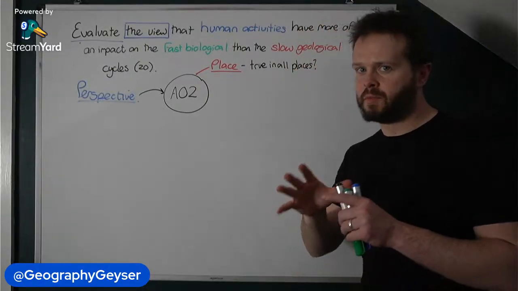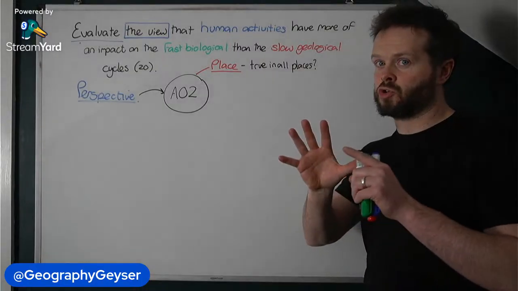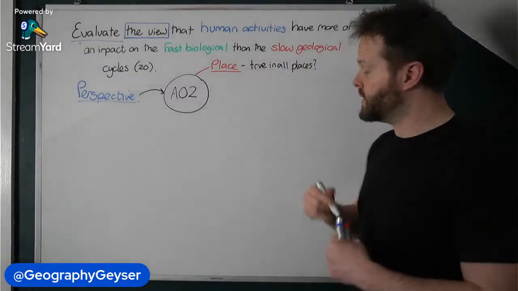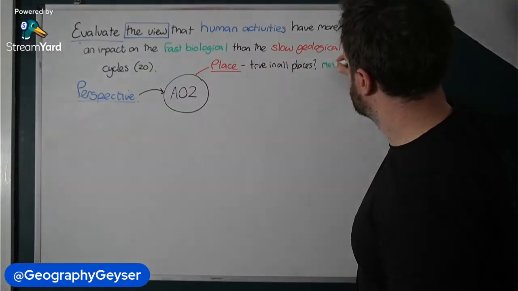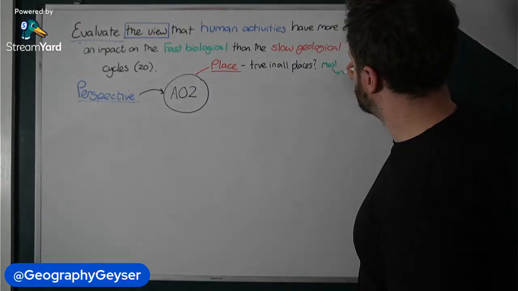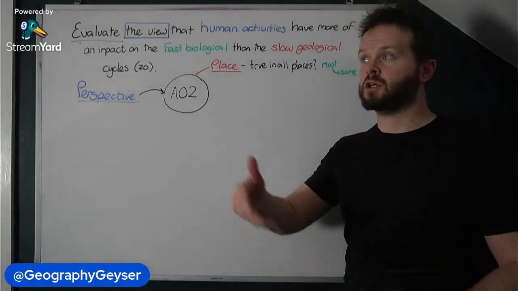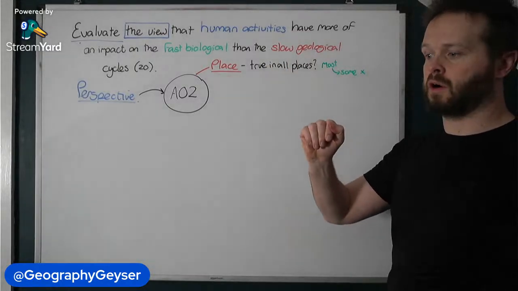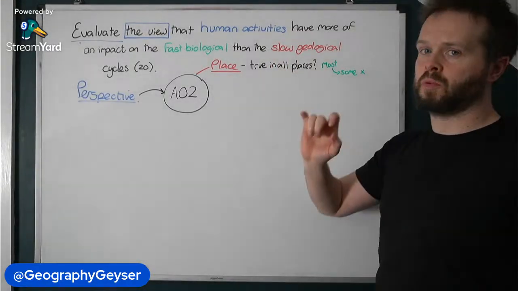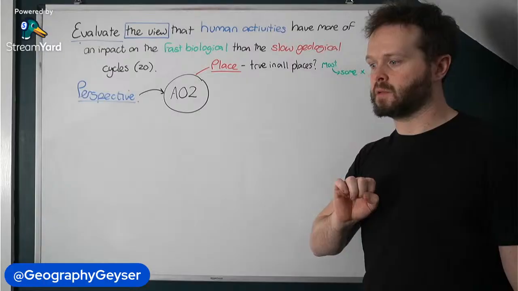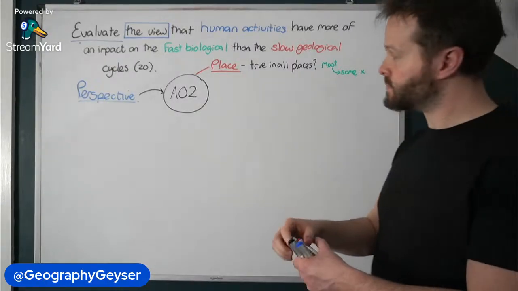Or can I present that it's true in most places, but there are some where it's not true, giving us an alternative viewpoint of, well, whether this viewpoint is true or not massively depends on the place, okay?